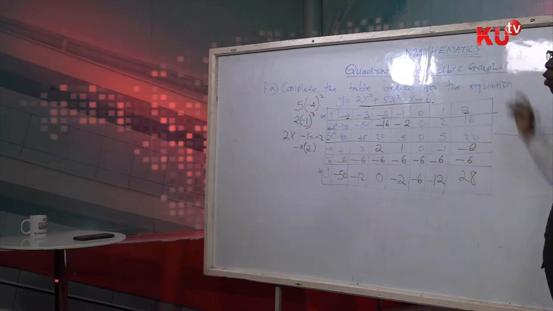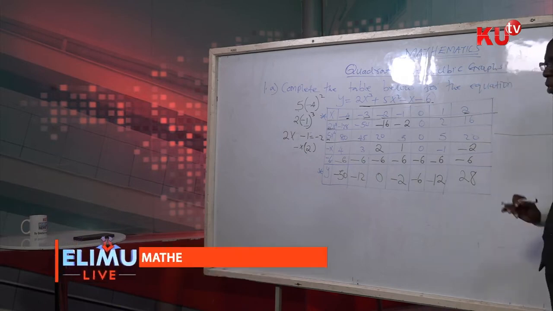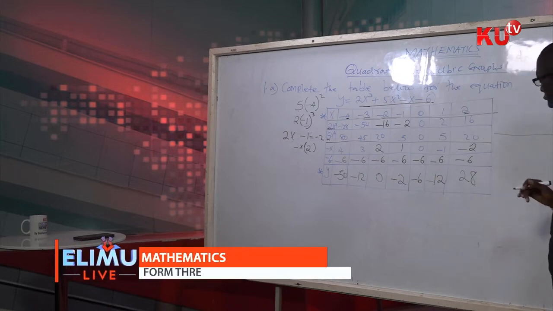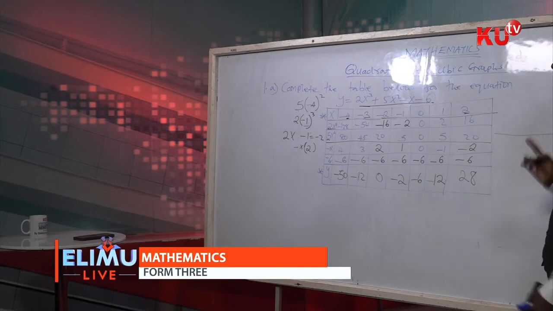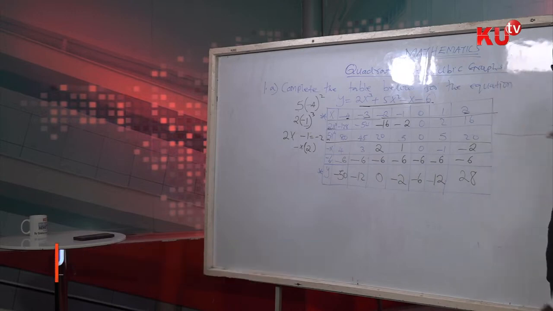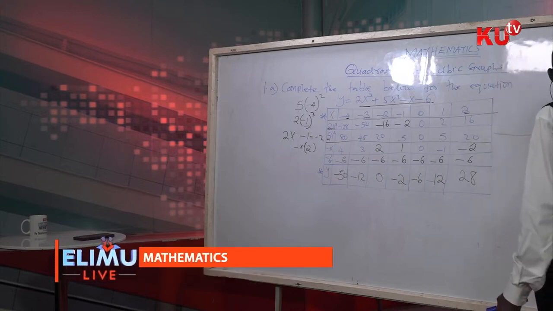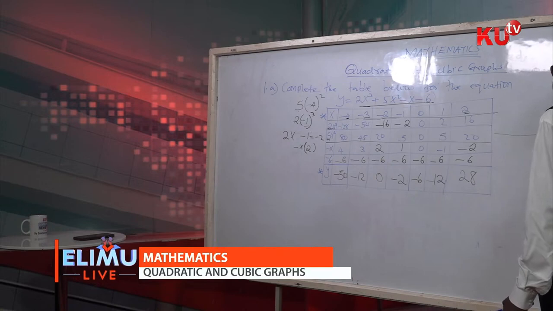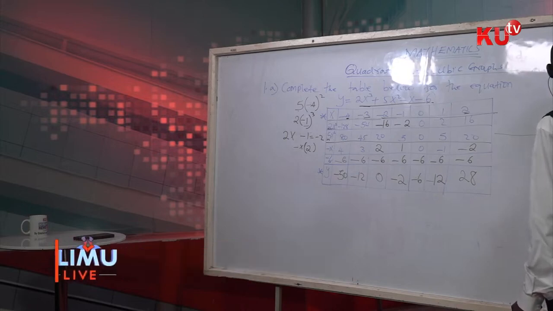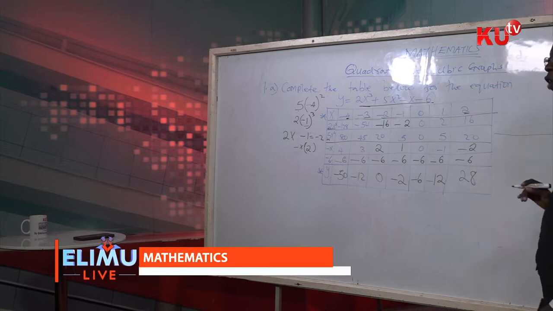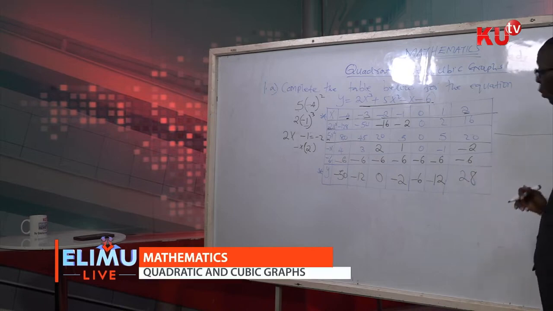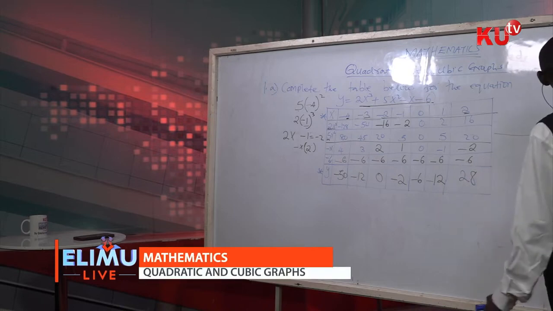Now, we must choose a suitable scale for the values of y. We cannot use 1, 2, 3, 4 because the graph will not be enough to plot. We can use a scale of 1 centimeter to represent 5 units. So we'll have 0, 5, 10, 15, 20, 25, 30, 35, 40.